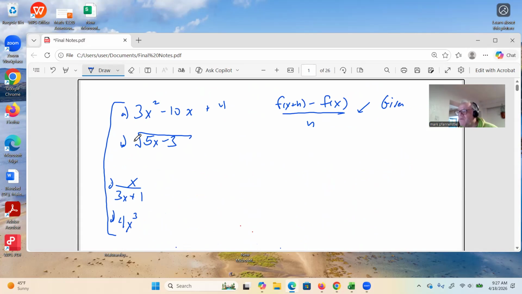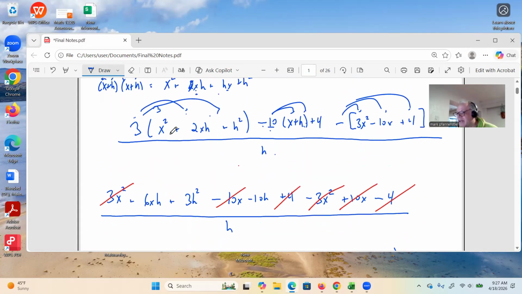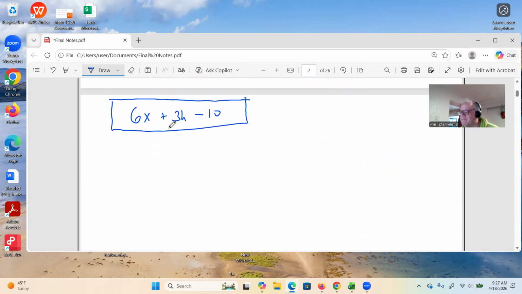Part B, we have the square root of 5x minus 3. So again, we want to calculate f of x plus h minus f of x all over h for this function right here. Find the difference quotient for this function.